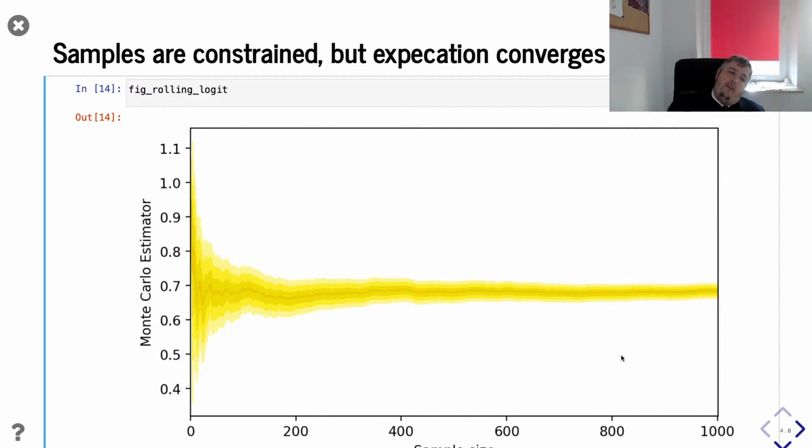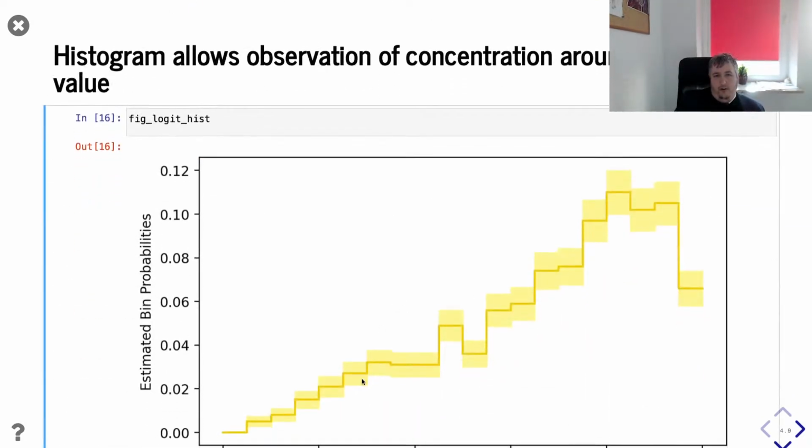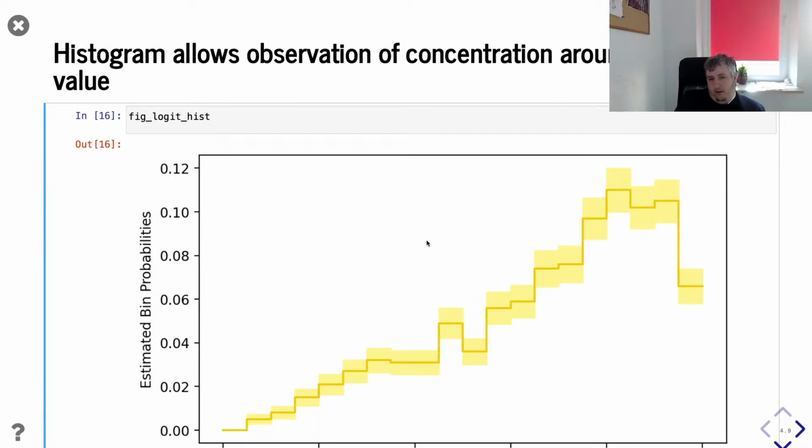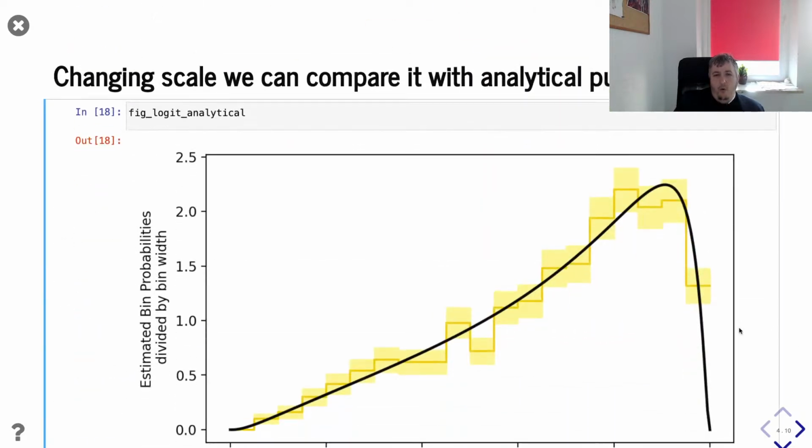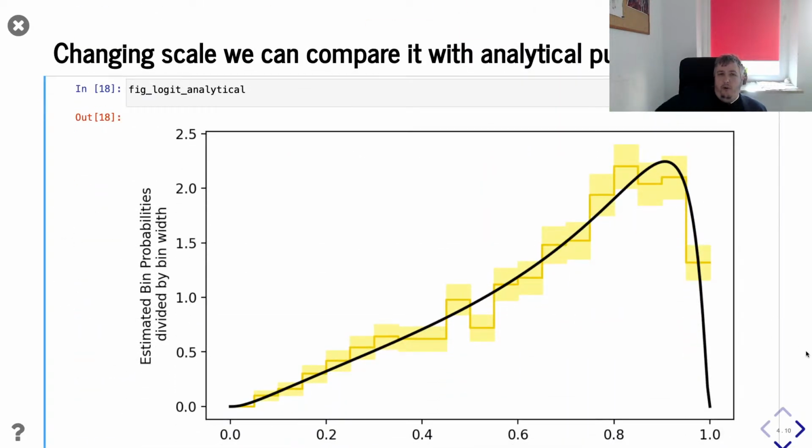So we can easily estimate the expectations. We can easily create a histogram with them, so we can estimate the entire probability distribution, which is consistent with the analytical solution that we obtained.